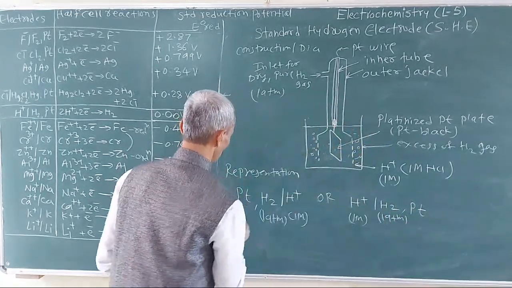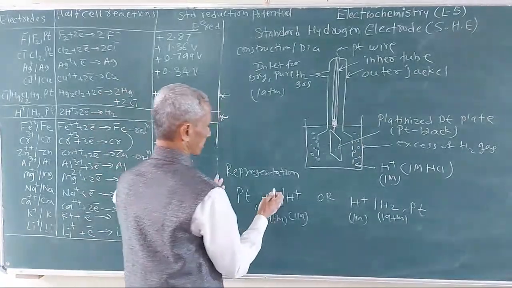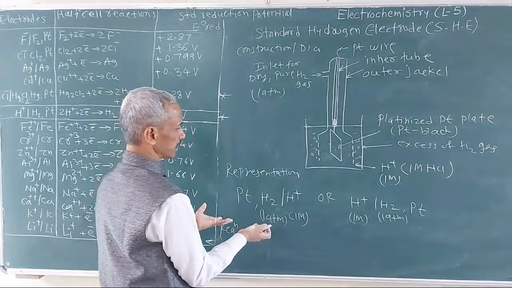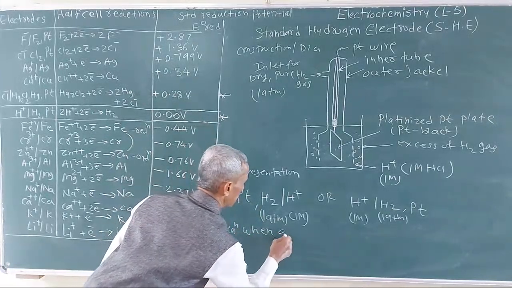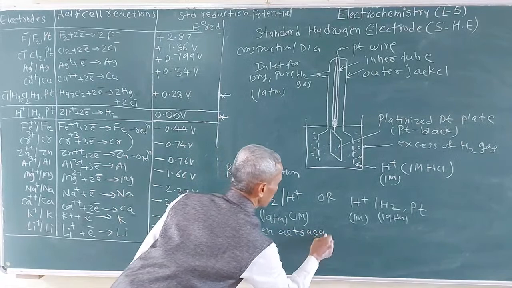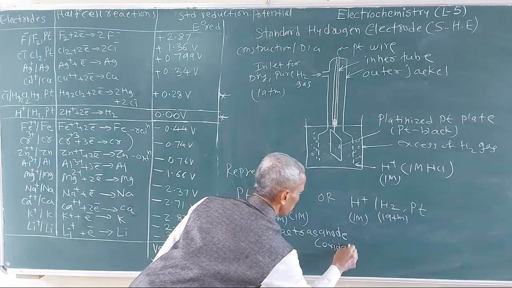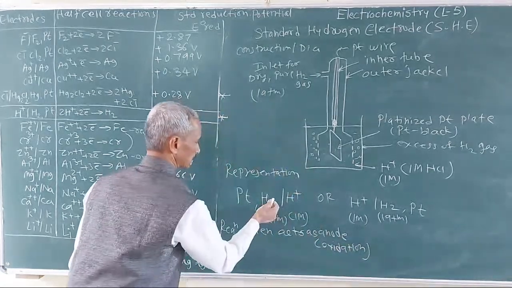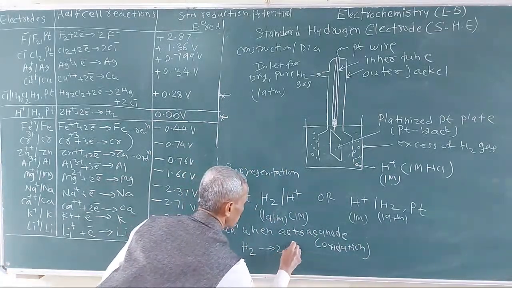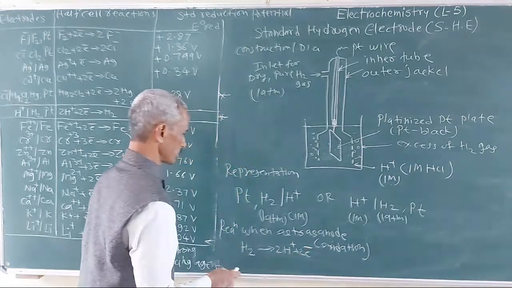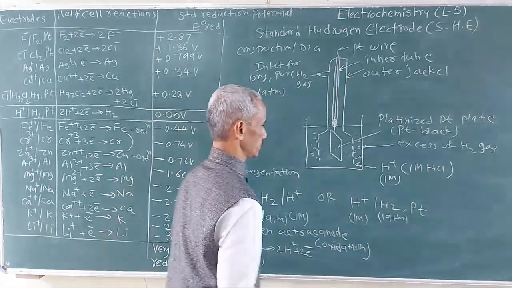Now, if the electrode acts as an anode, where oxidation takes place, hydrogen gives 2H plus and 2 electrons.